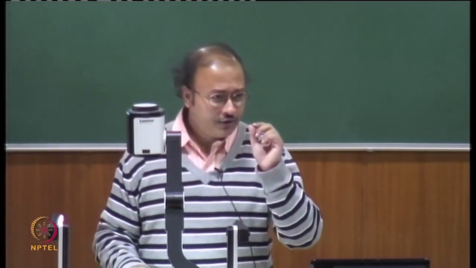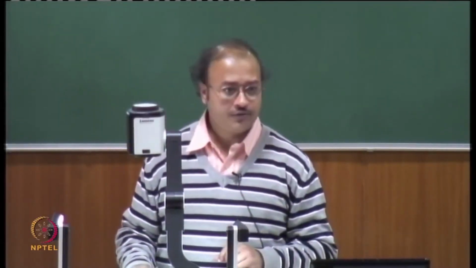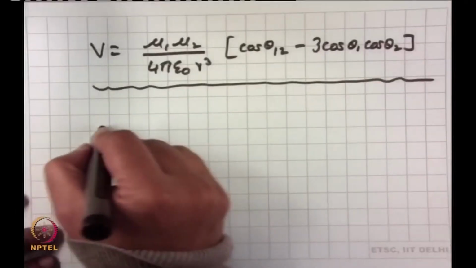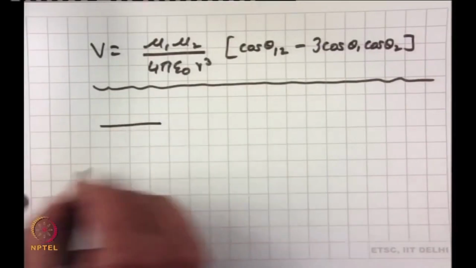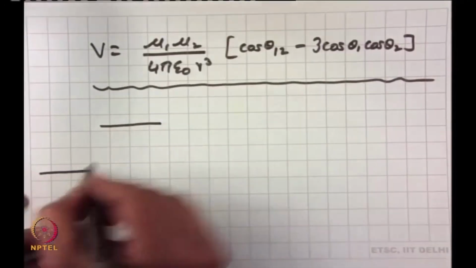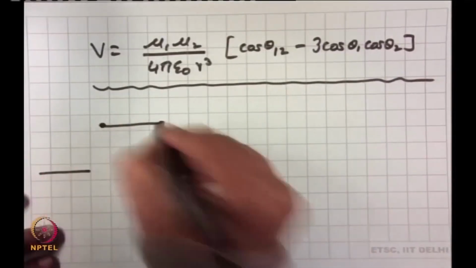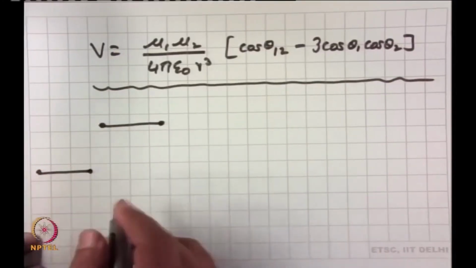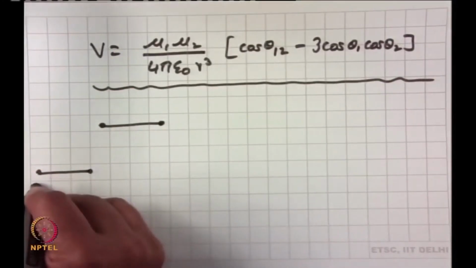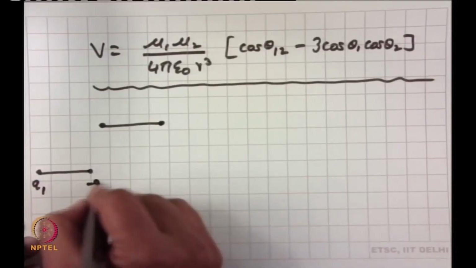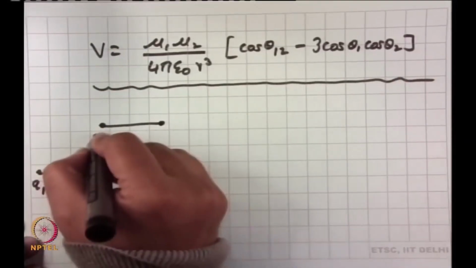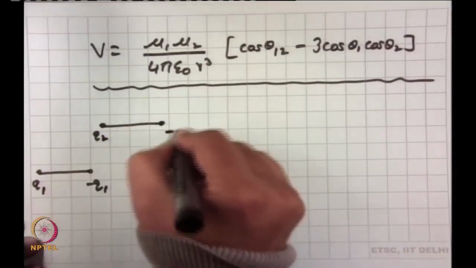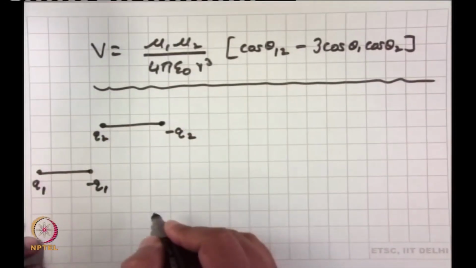Now, let us take a very specific case. Okay, let us take a very specific case. For example, let us take a case where I have two dipoles like this. These are two dipoles, right. So, I can have this one as say q1 minus q1 and this is q2 minus q2, and you can understand.